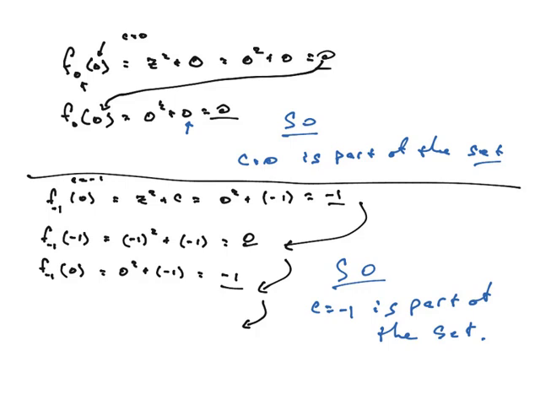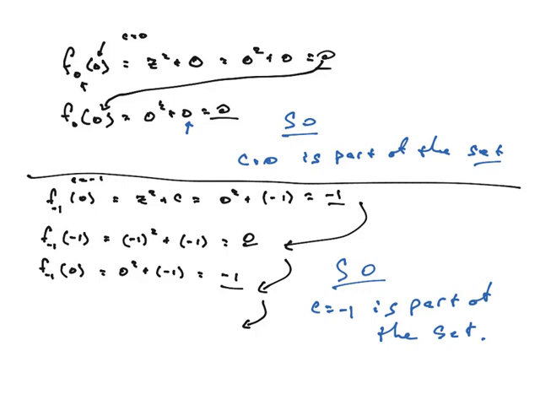Or it'll eventually not blow up. That is, it'll stay within -2 to 2. It'll either go to a fixed point, or it'll bounce back and forth between 2 values, or 3 values, or 100 values, whatever, but never getting outside of the range of 2. So if the c that you chose stays within the range of 2, it's part of the set.